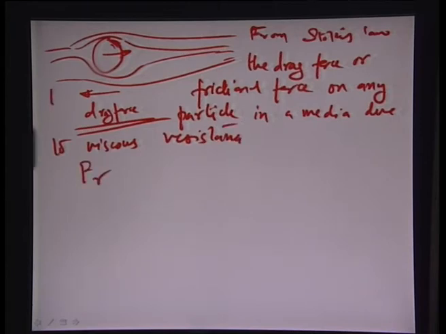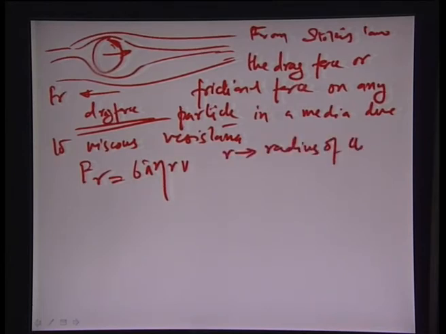So the drag force Fr is also represented by 6 pi neta r times v. R is the radius of the particle, v is its velocity of motion.